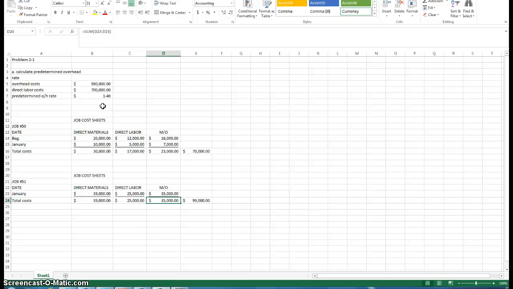So job number 51 total costs relate to 99,000, and the way we're coming up with that is nothing was brought into the month, but in January the book shows us the direct materials of 39, the direct labor of 25, and it's our job to compute the predetermined manufacturing overhead based on direct labor of 25,000 times 140%.